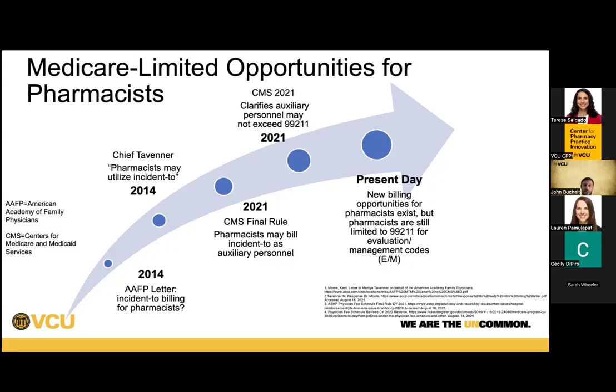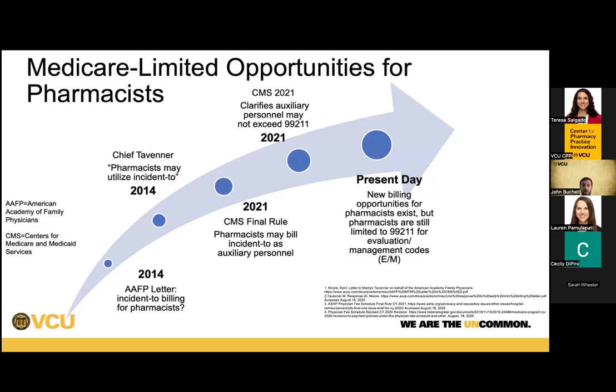Later that year, Chief Tavener responded and said, "Yes, I agree with your rationale in this letter. I do think pharmacists, under the designation as auxiliary personnel, which is kind of a catch-all, but not really specific, could bill incident to services." You're going to hear "incident to" a lot in this presentation. We're going to walk through that later.